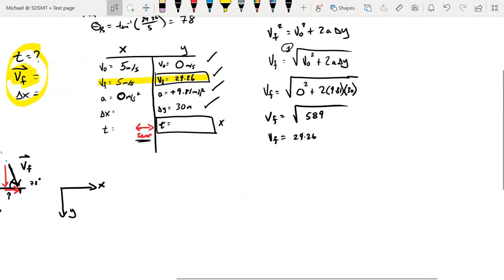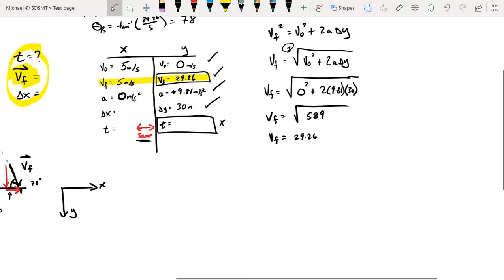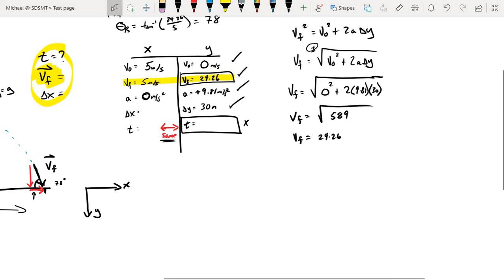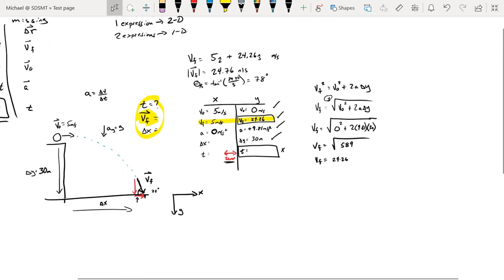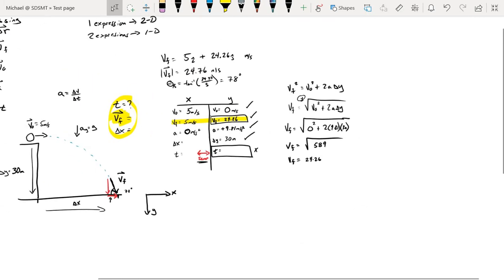Moving on, so now that we have our final velocity taken care of, the only way that we're going to be able to solve anything else is we have to know the time of flight for this rock. So we'll come back to the information that we have in the y direction. We have our given information.